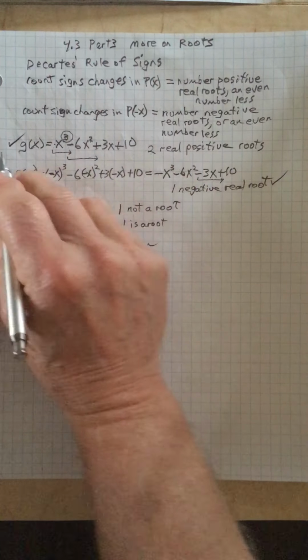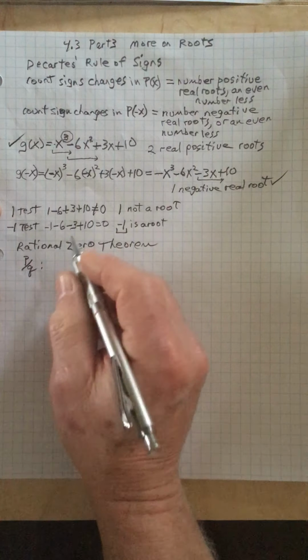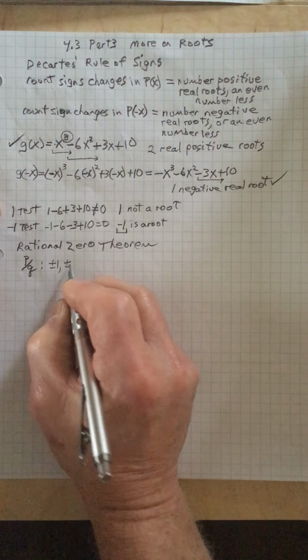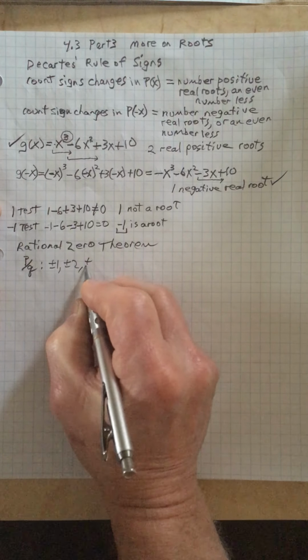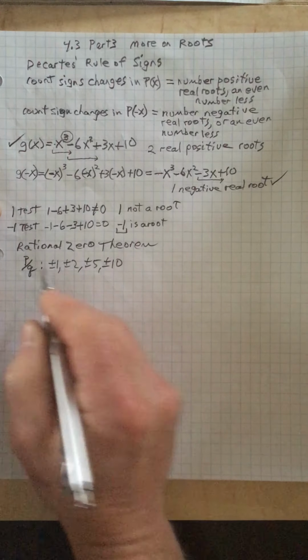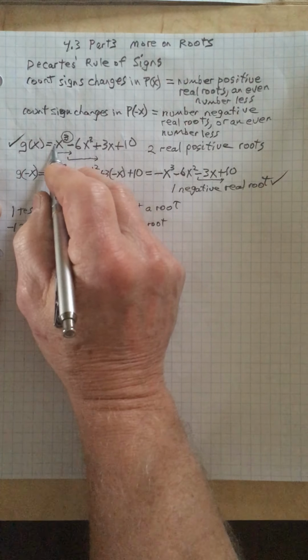So if we look at our function here, the constant is 10. So what do we got? Plus and minus 1, plus and minus 2, plus and minus 5, plus and minus 10. And Q were the factors of the leading coefficient, which is a 1 here.